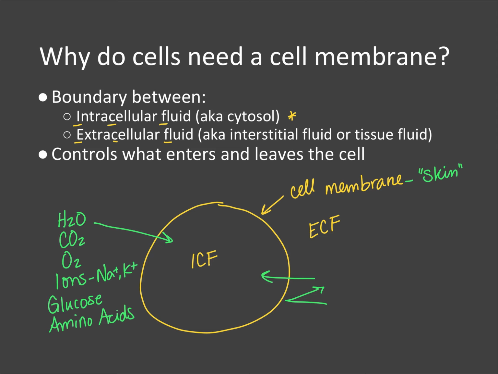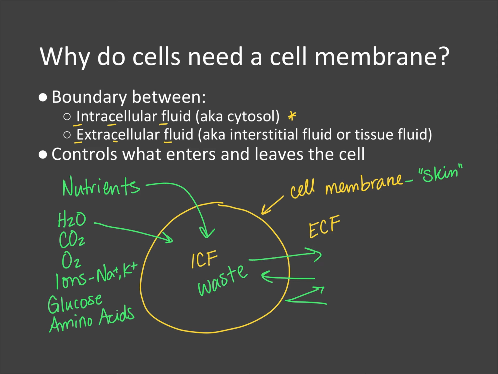So we'll get there. But essentially, we just need to focus on the fact that we need to be able to get nutrients into the cell, and we need to be able to get things like waste products out of the cell.